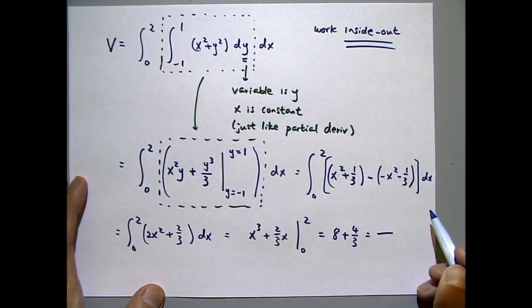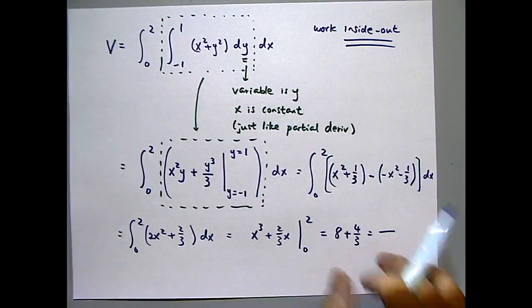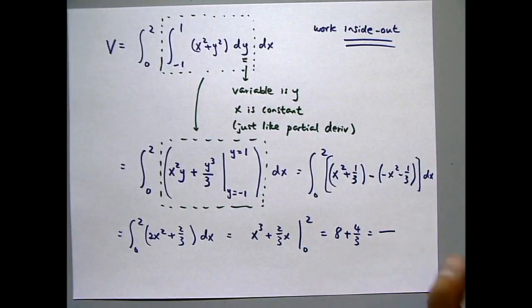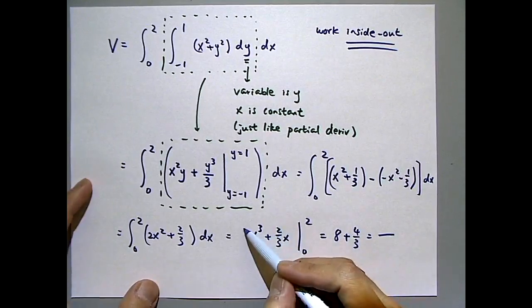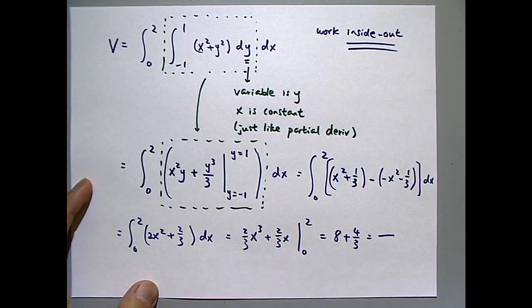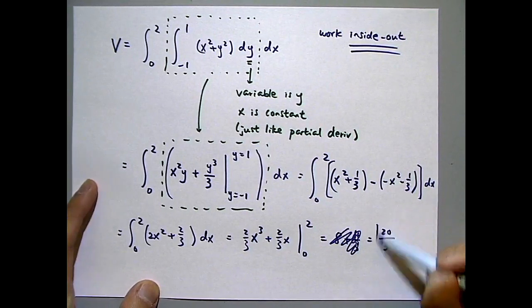Oh my God, what did I do? Wait, what did I do wrong? 2 over 3 here, yeah? So this eventually, if we do this right, which we should, 20 over 3, yeah? All right.